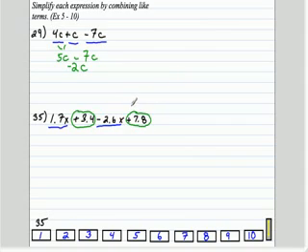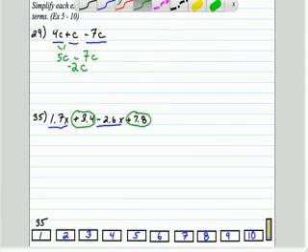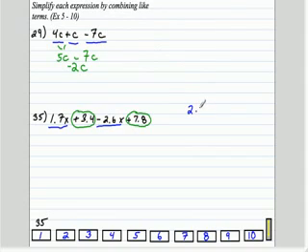Well, how do I add or subtract integers when I have a negative? I'm taking away more than I have, aren't I? So I know my answer is going to be negative. So I need to subtract and take the sign of the larger. Well, I know that my 2.6 is the larger. I'm going to subtract 1.7.